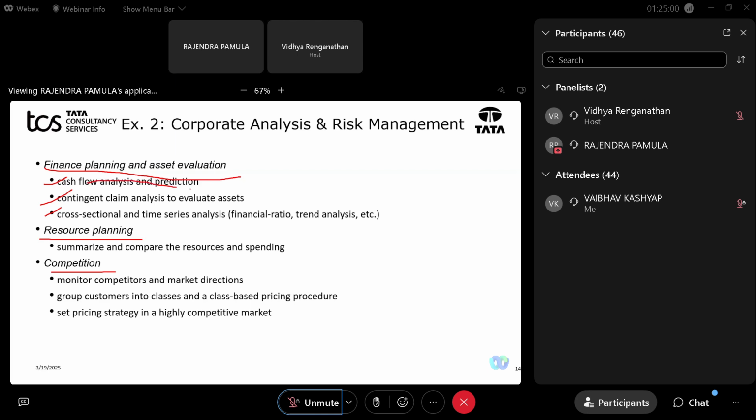Cash flow analysis and prediction, contingency claim analysis to evaluate assets, cross-sectional time series analysis, summarize and compare resource planning, monitor the competitors and market direction.